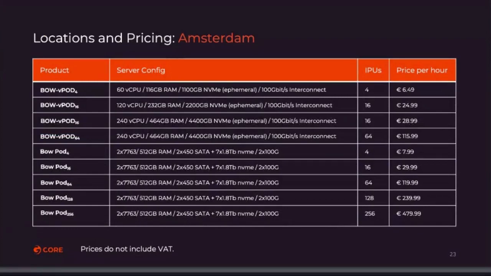We provide virtual vPods, where we provide virtual machines for our customers and also connect the IPU Graphcore hardware to the installation. The starting price was €6.49. We can also provide the pod 256 if you have a training task where you need a huge amount of hardware to train your ML models. The next slide.